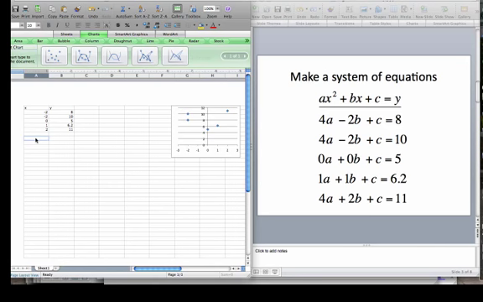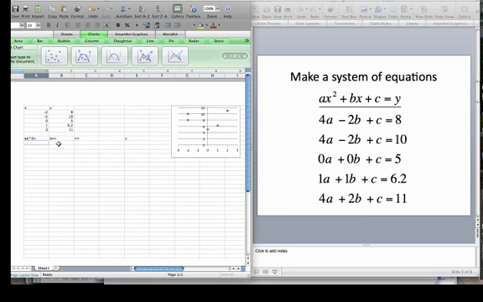So the first thing I'm going to do is write the equation ax squared plus bx plus c. I need to put these pluses at the end of a cell, not at the beginning, or Excel will think that I'm doing something else. That tells Excel it's a formula. Okay, so here's the equation.